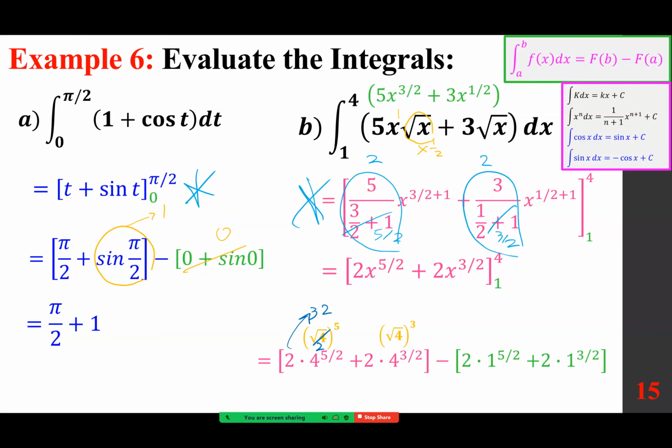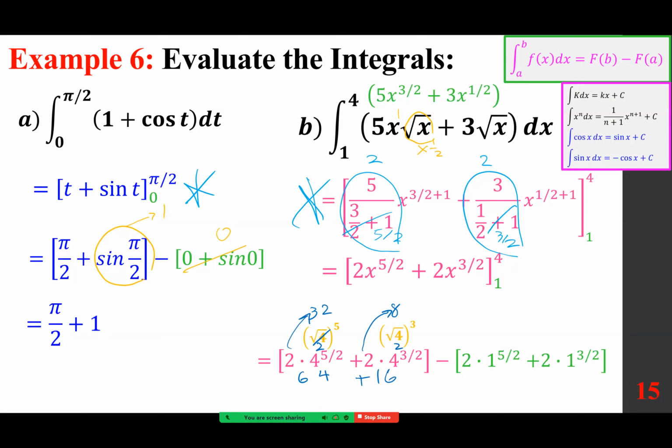And 2 times that is 64. So this is 2 cubed, it's 8, and 2 times that is 16. 1 to any power is 1.